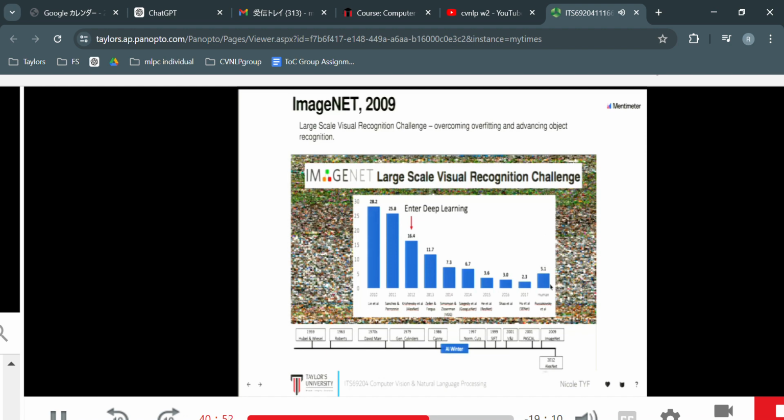Then in 1998, we saw another very important piece of work, the convolutional networks by Yann LeCun et al. This work created an algorithm that allows machines to recognize handwritten digits, digits from 0 to 9.